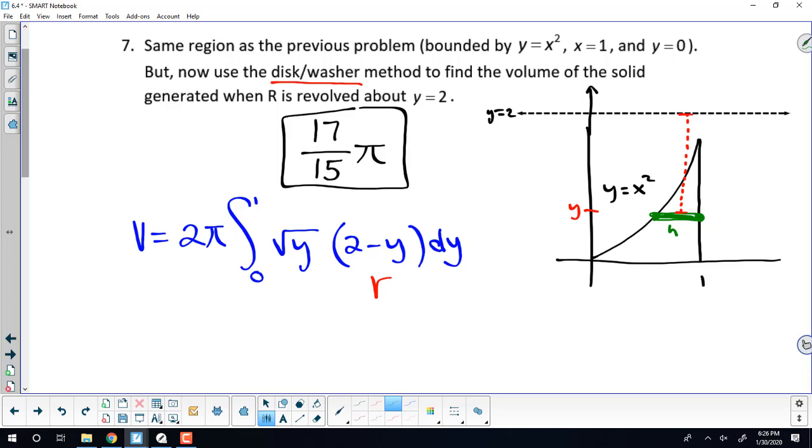The right function is always 1. The left function needs to be in terms of y, so solve for x, right? So that's square root of y as the left function. The right function is 1. So this should be 1 minus the square root of y for the height.